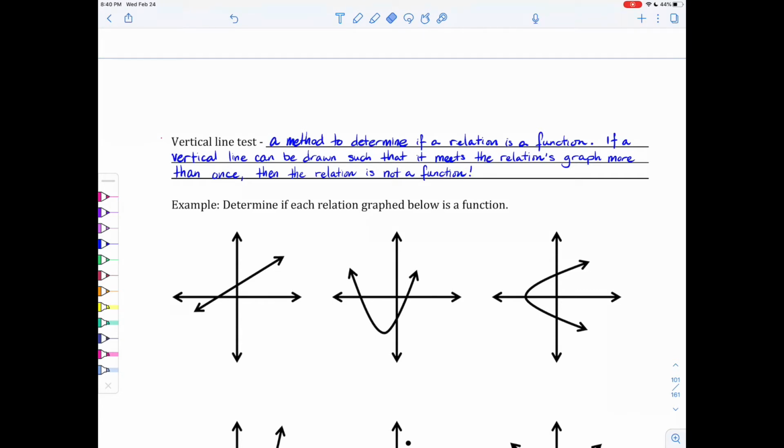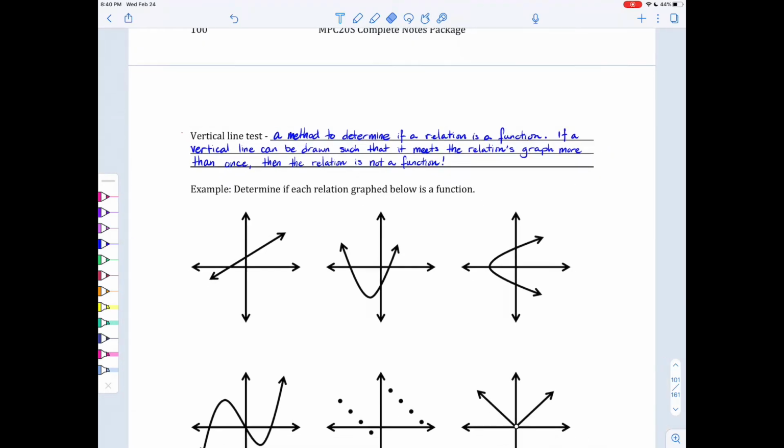But if I draw a vertical line anywhere on that graph and I always only touch it at one point max at any time, then it would be considered a function. So the vertical line test is a really great way to do that very quickly.